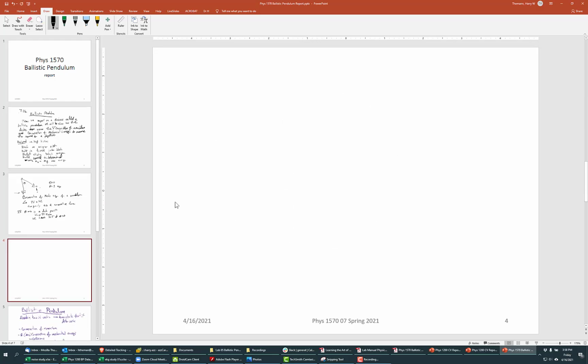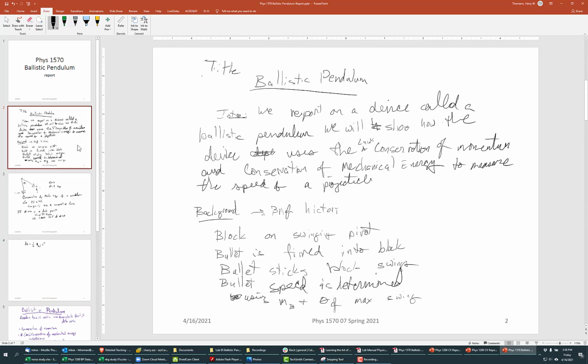And so at theta equals 0, the KE is going to equal 1/2 the total mass times V squared. I guess I left something out here. Of course, we need to know the mass of the block.